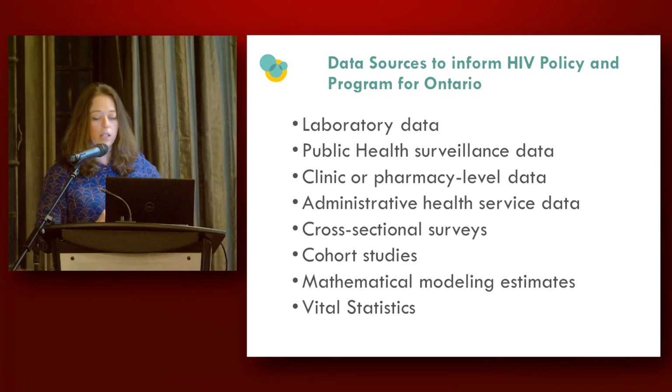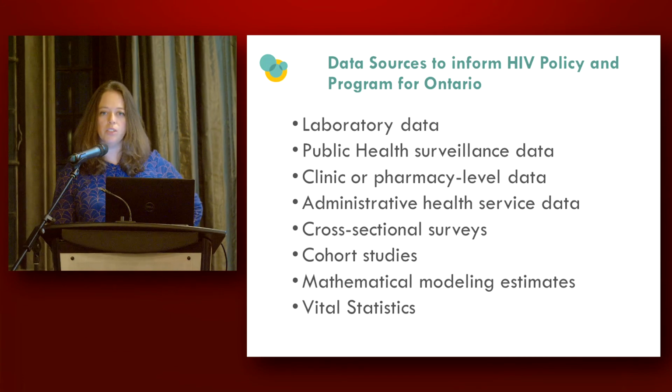We have public health surveillance data, which is often based on laboratory data but enhanced by the public health units, clinic and pharmacy data, administrative health services, cross-sectional surveys, cohort studies, and I'm sure many of the people here are going to be talking about some of these other data sources. But lab data here in Ontario is our best way to understand what's going on at a population level.